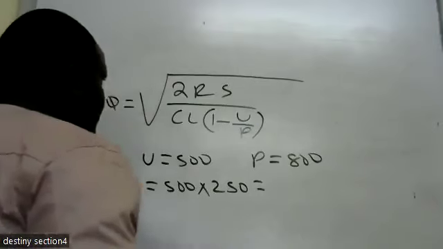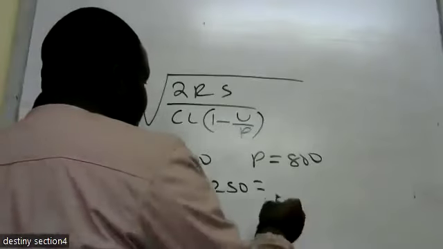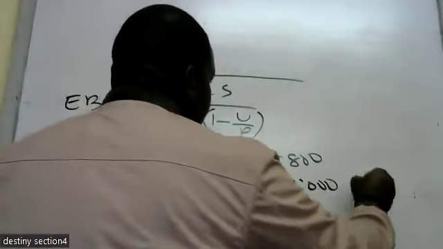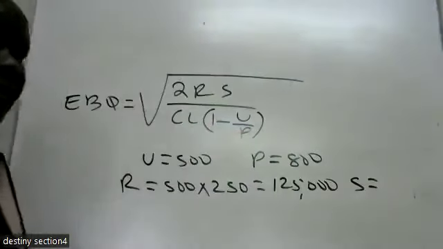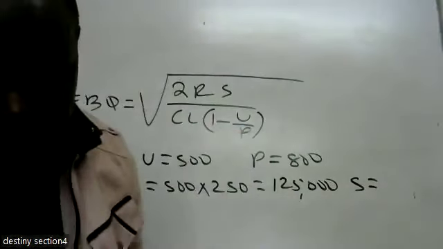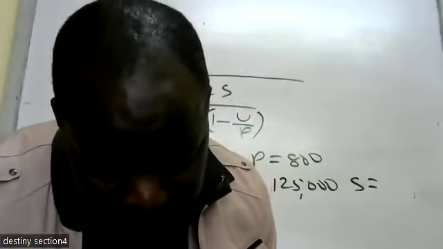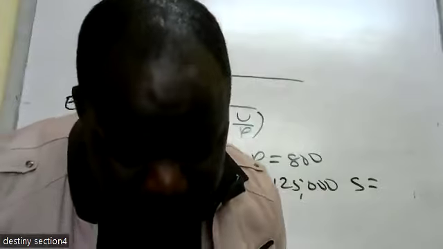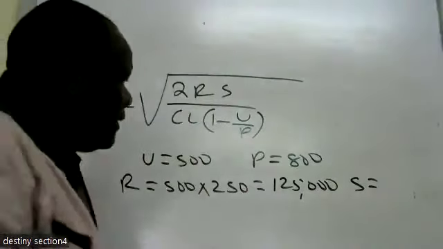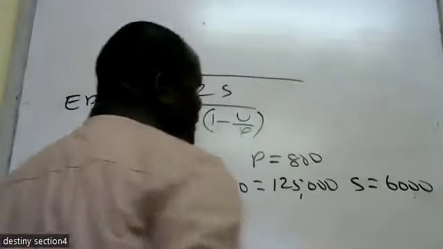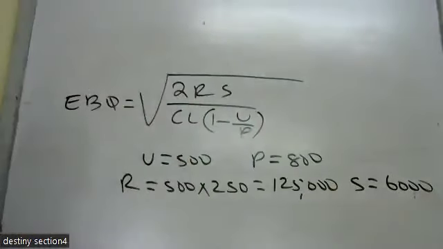You should be able to give us around 125,000. S is given as the setup cost. The setup cost per batch is estimated at 6,000.